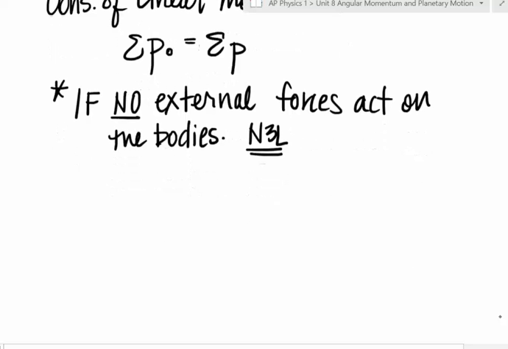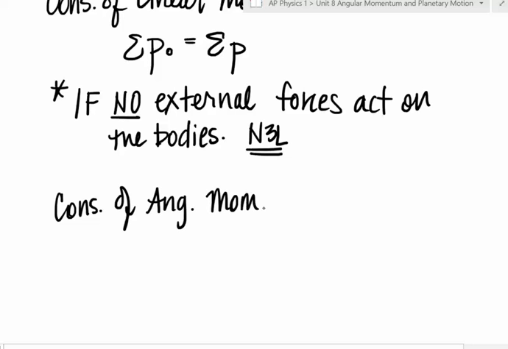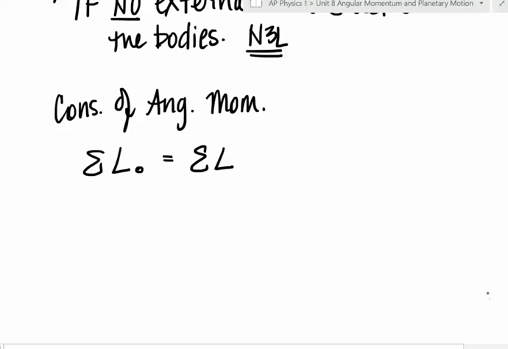Okay, so similarly, I can have a conservation of angular momentum. The initial angular momentum would be equal to the sum of the final angular momentum. If, what would the asterisk be now?